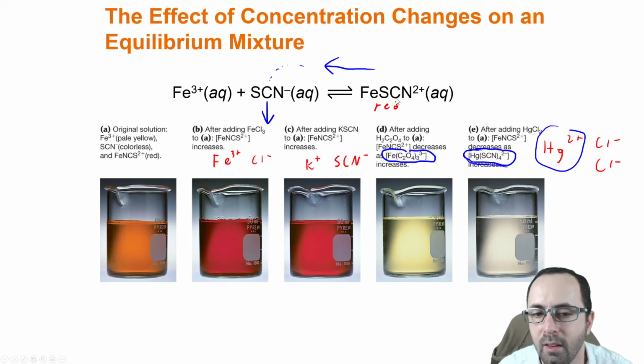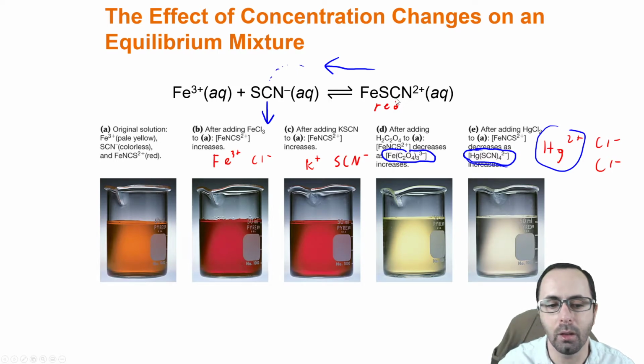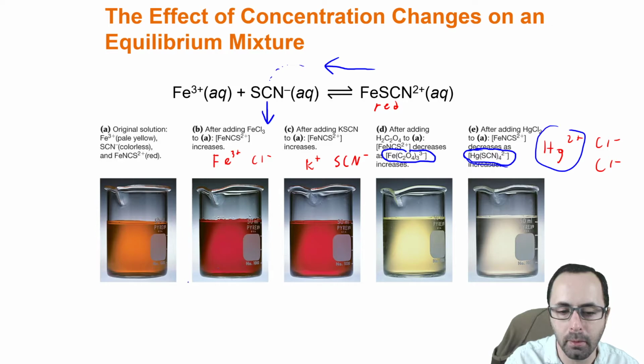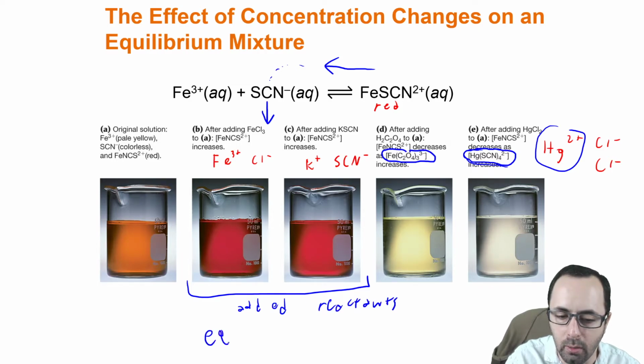So here you can see that if we added the reactants, either of the reactants, in these two parts right here, we added reactants, so the equilibrium shifts to the right.